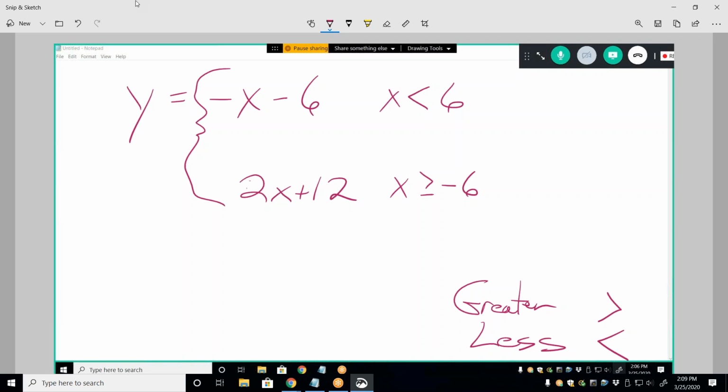You said, I'm not sure, is this a three-piece function, or is it just two pieces? So if y is, okay, so this function is defined only between -6 and 6.